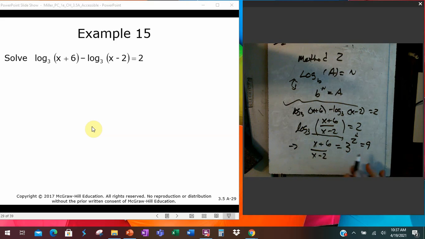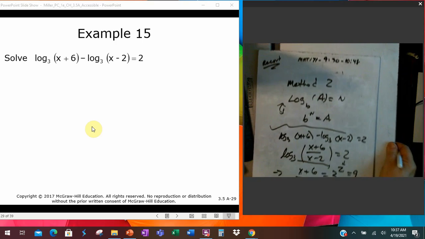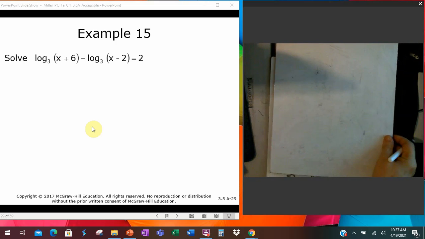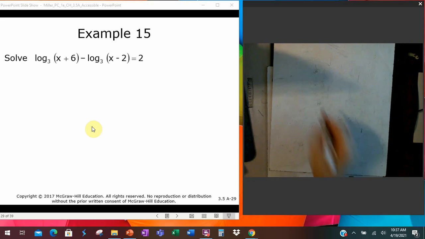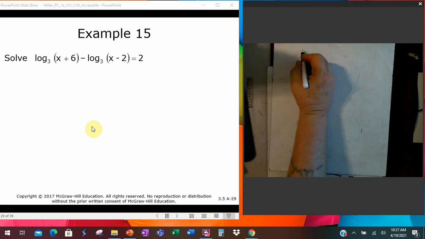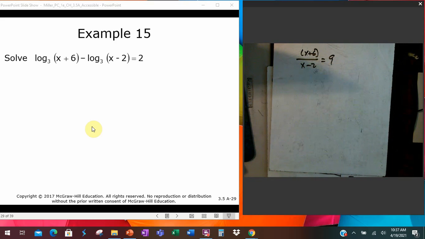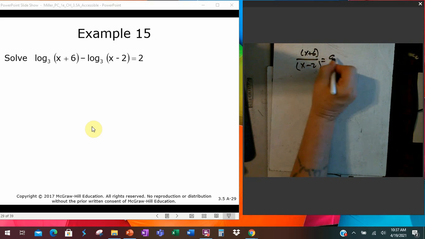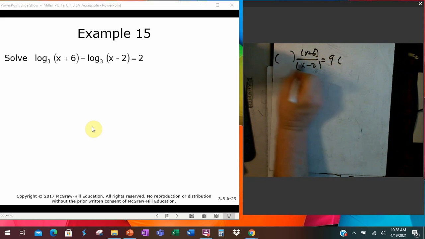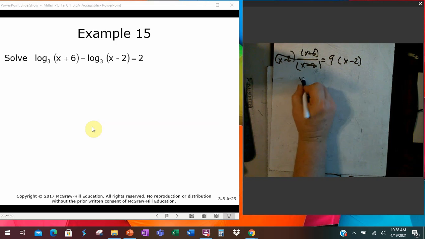And now I just want to solve this. Clear both sides, multiply by x minus 2. So I'm going to break this out a little bit here and rewrite it. x plus 6 over x minus 2 is equal to 9. To solve this, I want to clear the fractions. So I'm going to multiply both sides by x minus 2. That goes out. x plus 6.